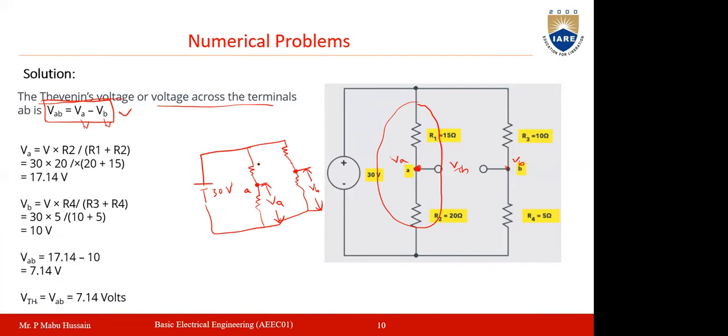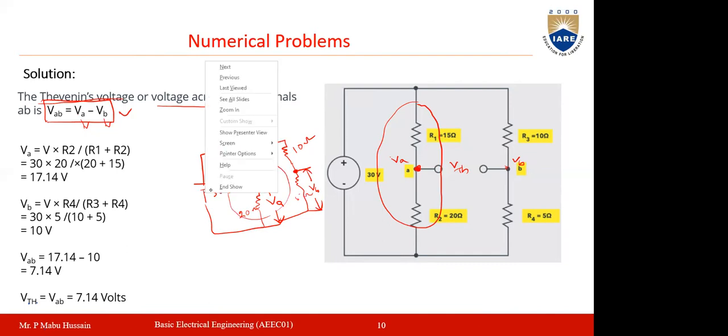Now when two resistances are connected in series and you need to find the voltage across any element, you can use the voltage division rule. Simply determine VA and VB. This is the series circuit connected across your 30 volt source, and the voltage across the second resistance, the 20 ohm resistance, will be VA.